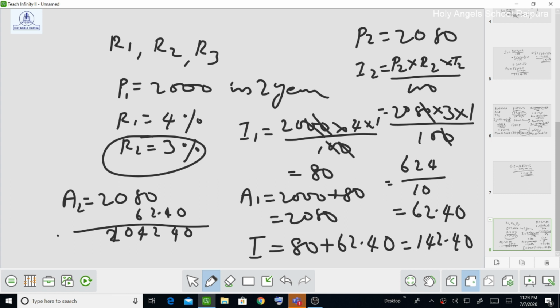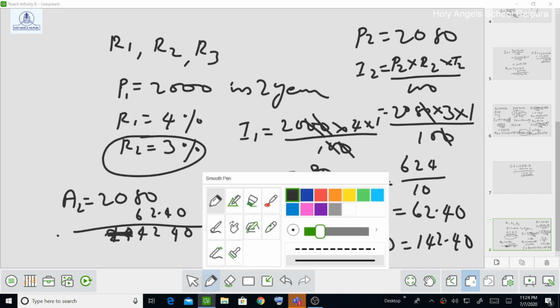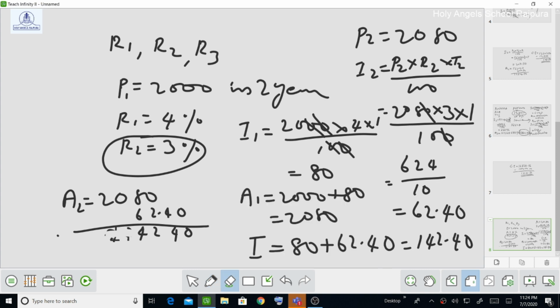I made a mistake here while adding, sorry. So from this amount, if you subtract 2000, you get the same value, 142.40. 2142.40 minus 2000 gives 142.40.